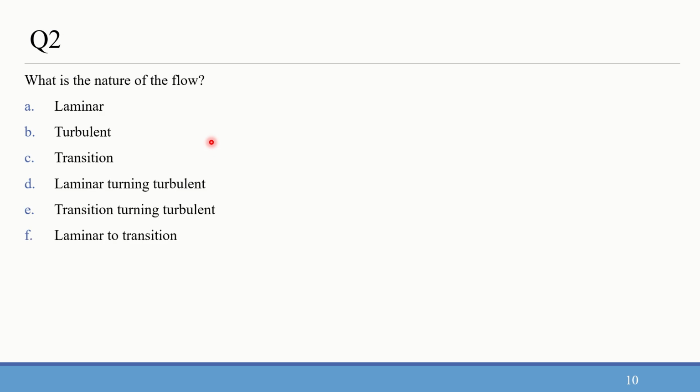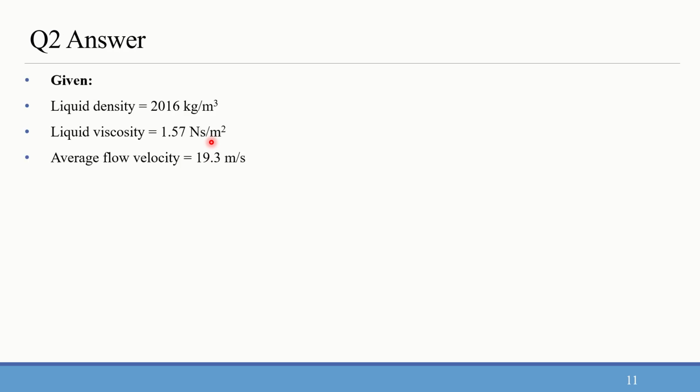And the diameter of the pipe is given as 9 centimeter. Since all other units are in SI units, we are converting the diameter of the pipe also into 0.09 meter.